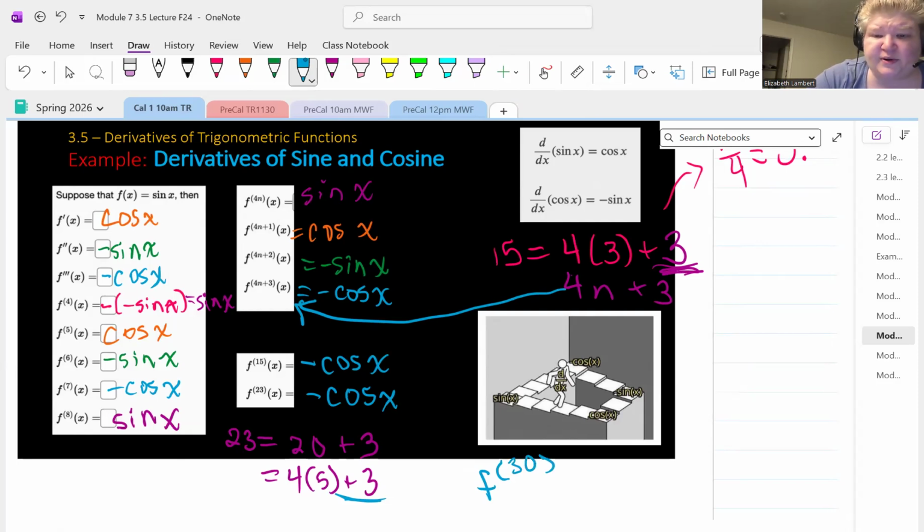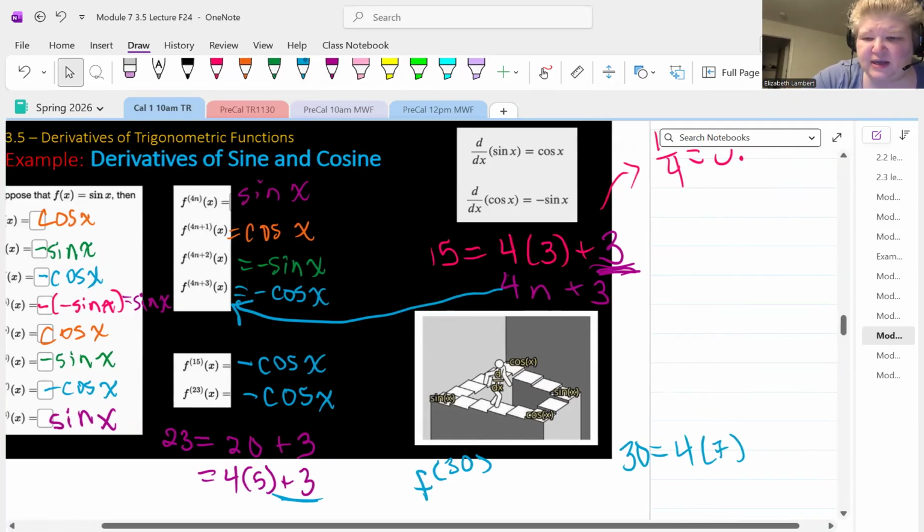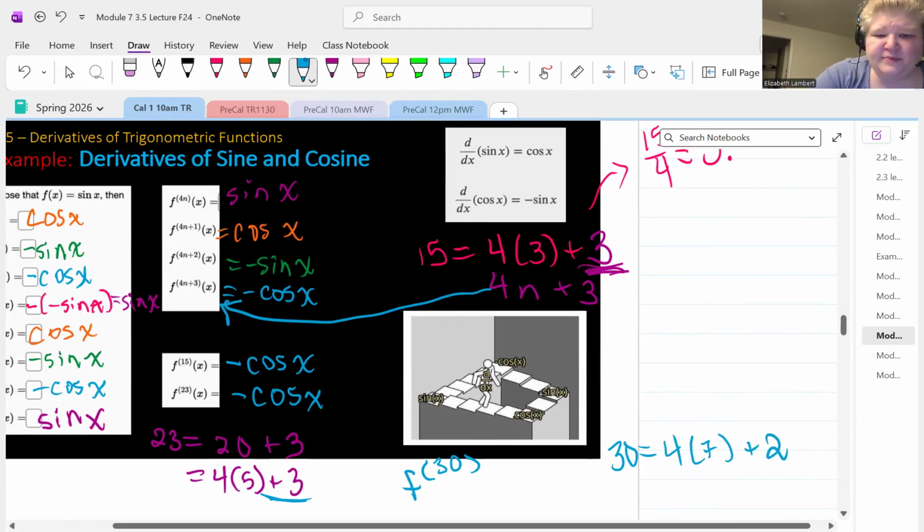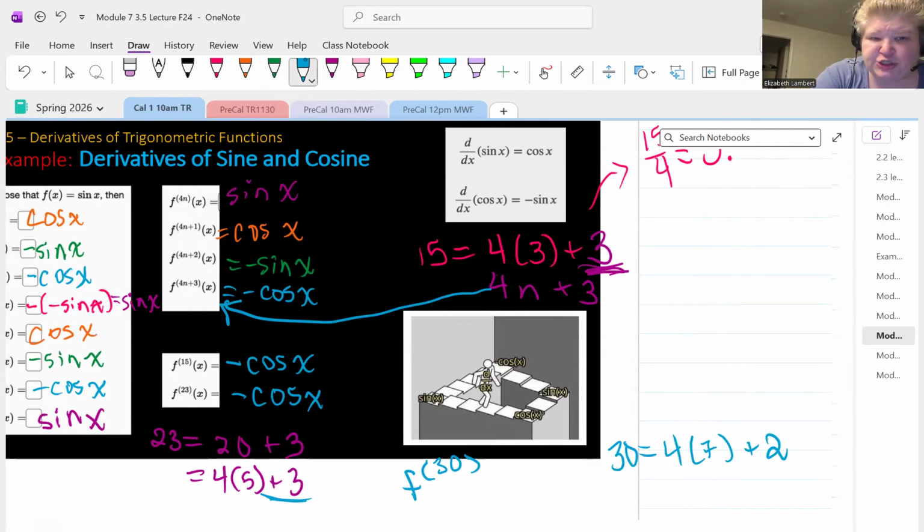So the 30th derivative, I think about 30, and that's 4. So 4 times 6 is 24, but I could still get another 4. So 4 times 7 is 28, and then 2 more. So the 30th derivative of sine x is that plus 2, which is negative sine x.